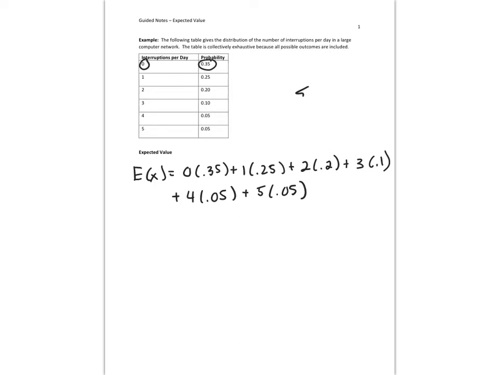Remember, we're summing as we go because we had sigma in our formula. I used my calculator and I got 1.40. So that's the mean.